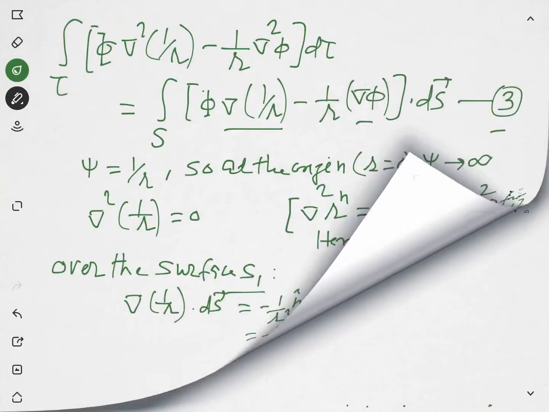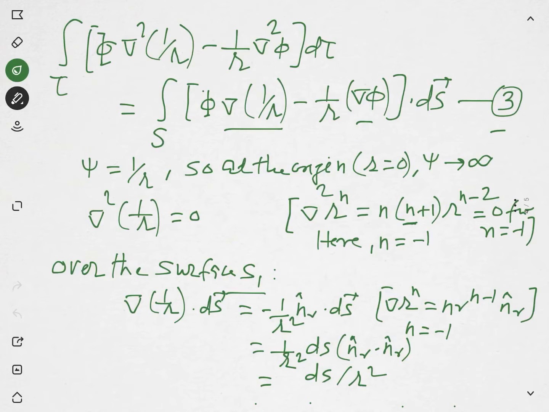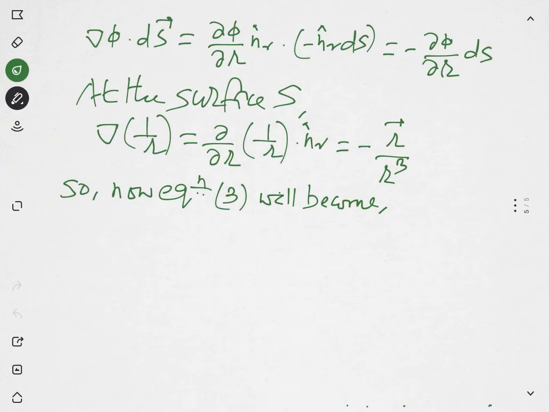See the equation number 3, you can see this first term will vanish because del square 1 over r is 0, and in RHS we will take the surface integral over the sum of the surfaces S and S1.